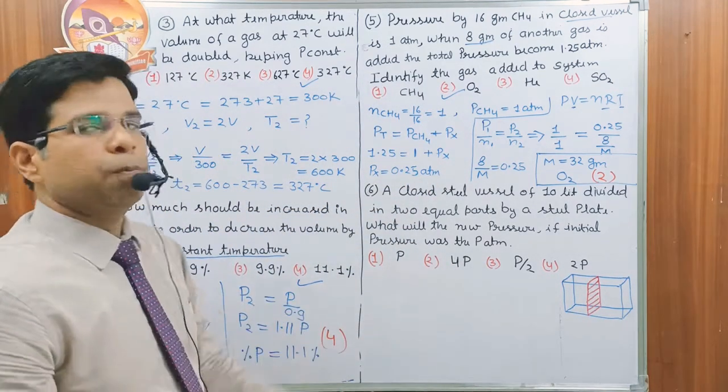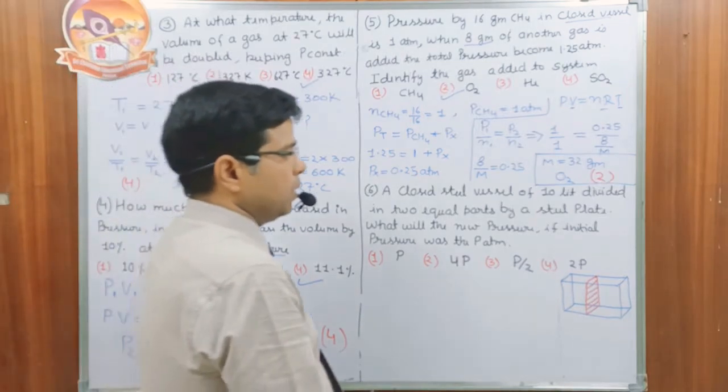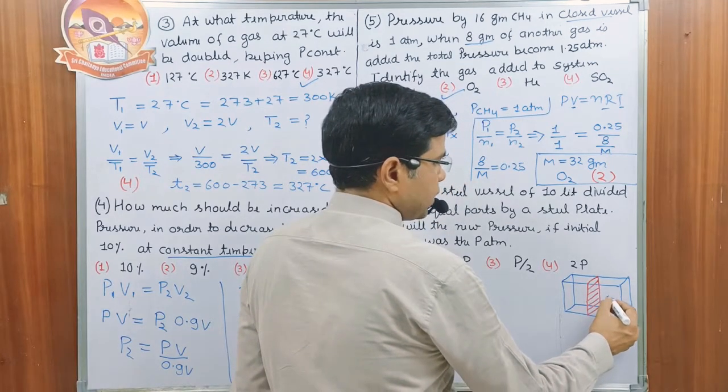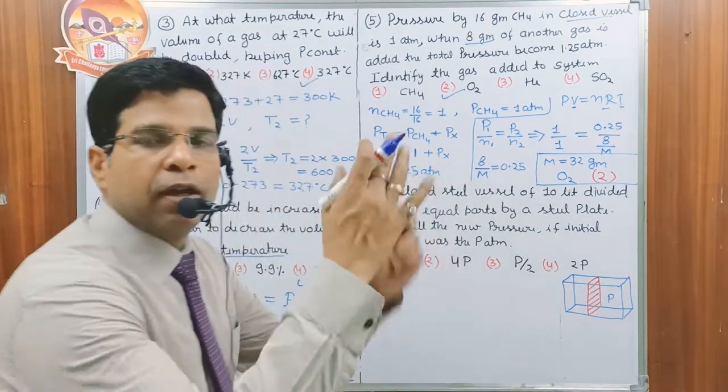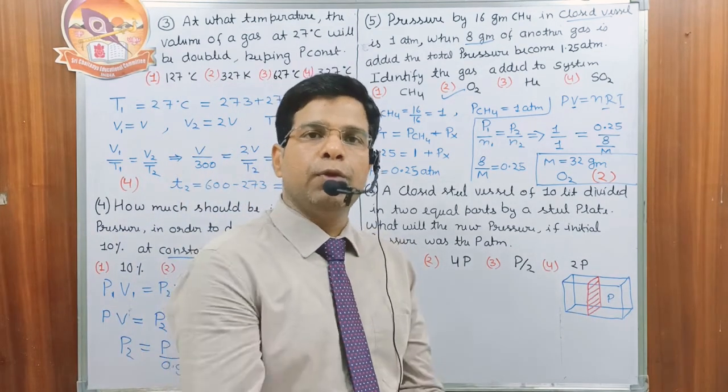What will be the new pressure if the initial pressure was P atmosphere? Initial pressure was P, and now we have divided the container into 2 parts. What will be the new pressure?